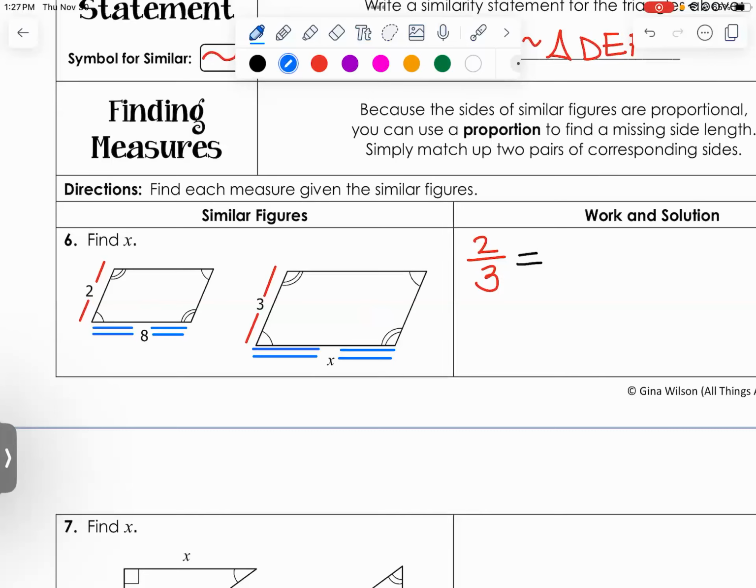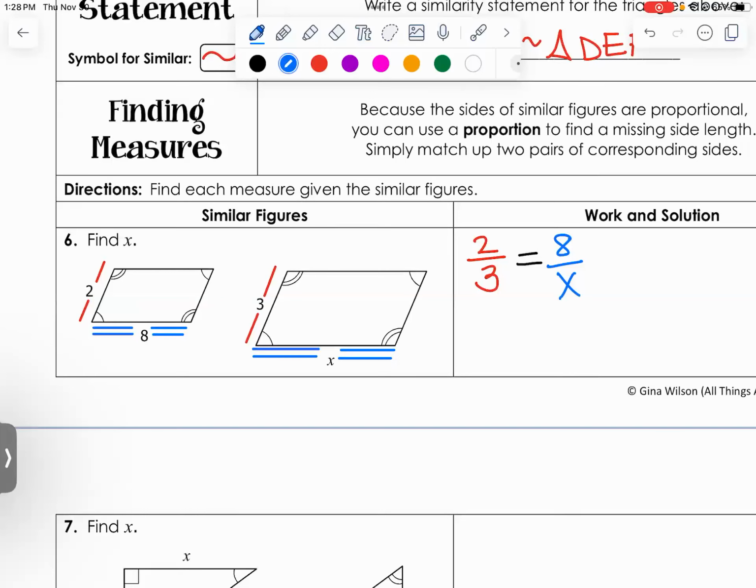X over 8, or 8 over X? 8 over X. Since we chose 2 first for this ratio, we better choose 8 first for the second ratio. I took small over big for this fraction, which means I need to take small over big for this fraction. So 8 over X.